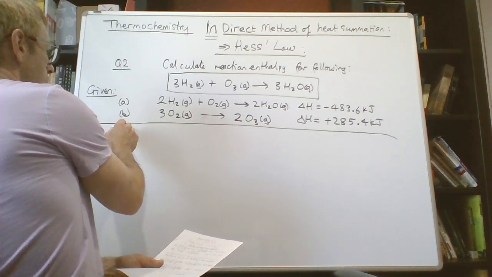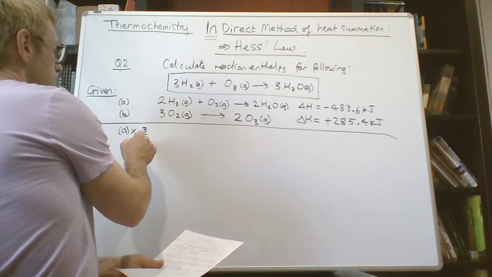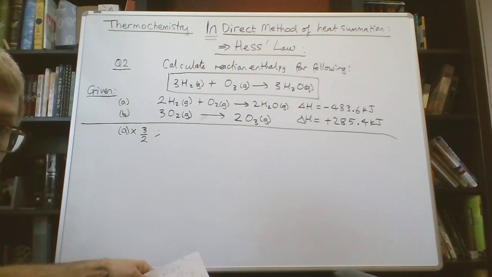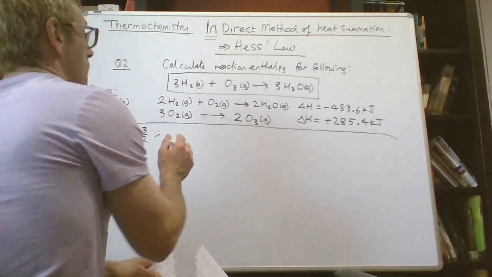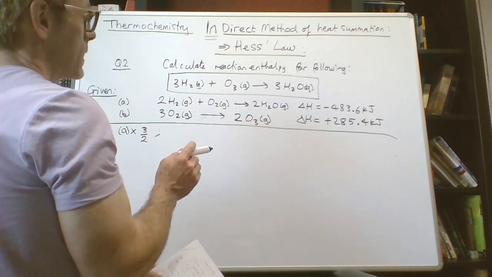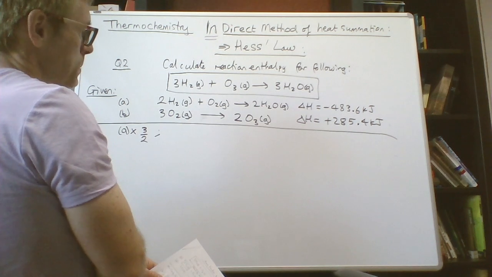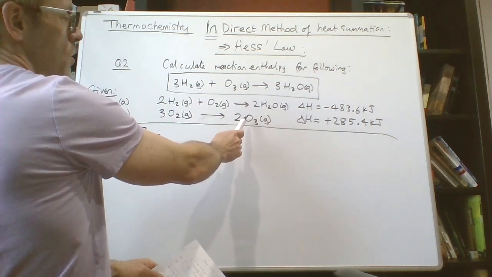So multiply by 3/2, that'll give me an extra H2 that I need. If I look at B, I need ozone as a reactant. I've got ozone as a product.